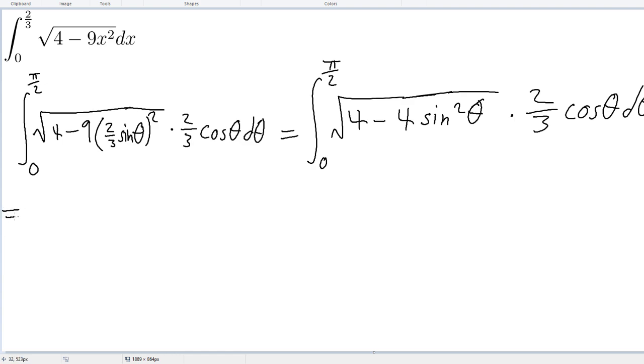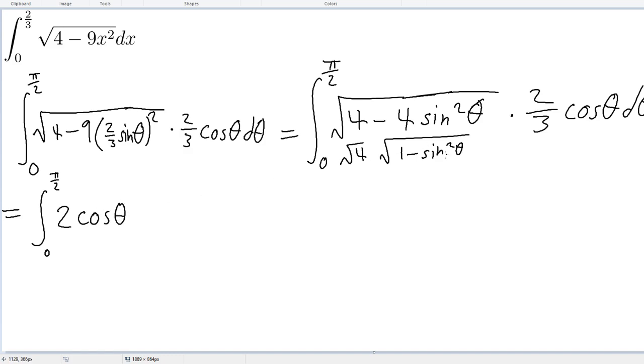So then this equals, from 0 to pi over 2, we factor out 4, and then we have 1 minus sine square theta. So then this is 2 cosine theta, because 1 minus sine square is cosine square. So this is cosine theta times 2/3 cosine theta d theta. Yes, it is what you think it is.